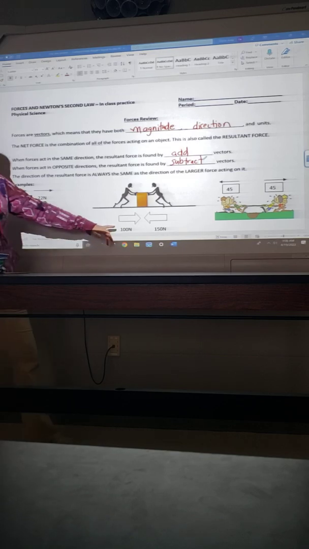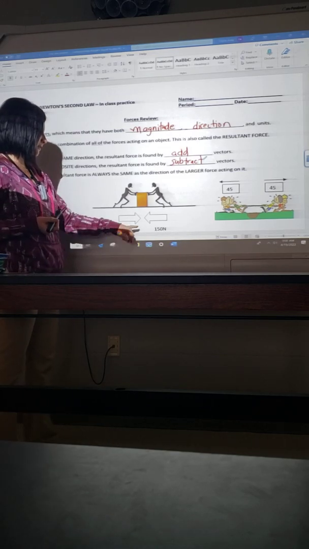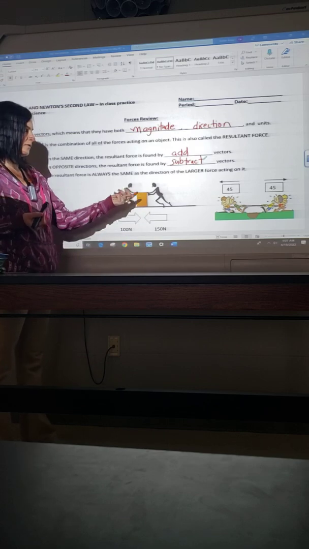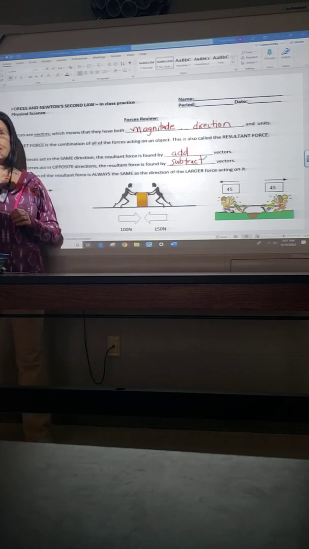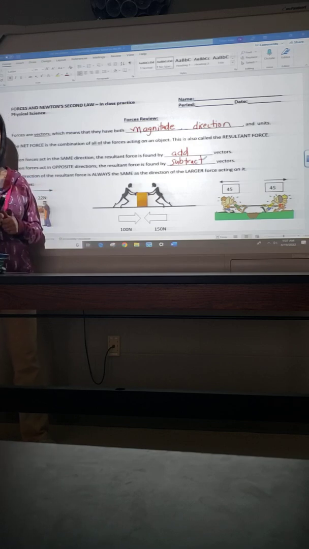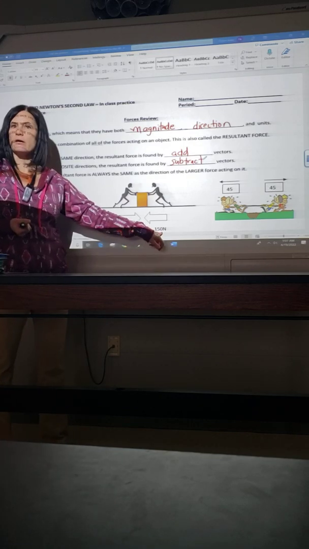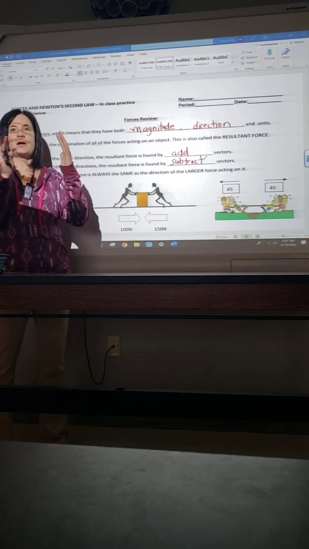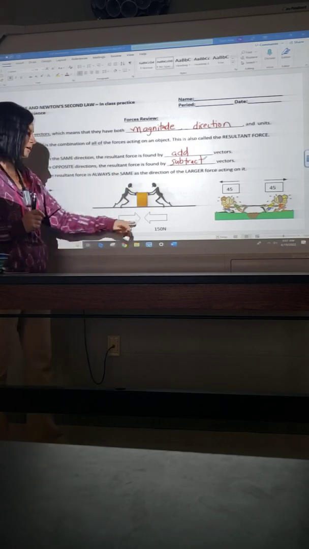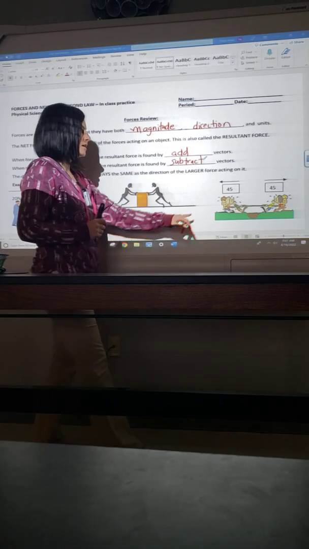So if we have 100 minus 150, we're left with 50 newtons, and then which direction? How do we know the direction to apply? Rory, what do you think? Good. 150 is bigger, so that's going to win that pushing back and forth. So 150 newtons to the left.